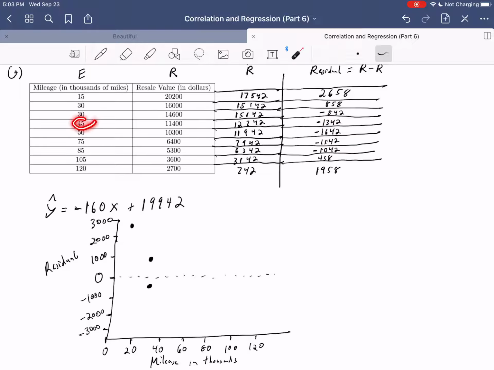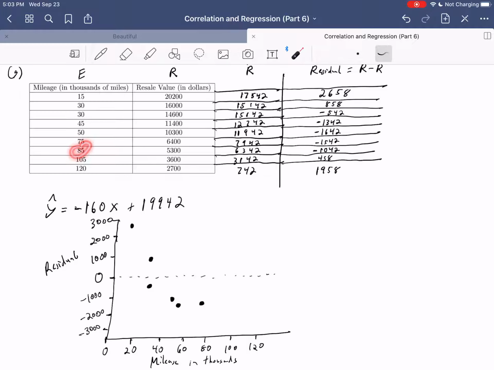Then 45 and negative 1342. So that looks like it should be maybe right about there. Then 50 and negative 1642. So that looks like it should be right about there. Then 75 and negative 1542. So right about there.